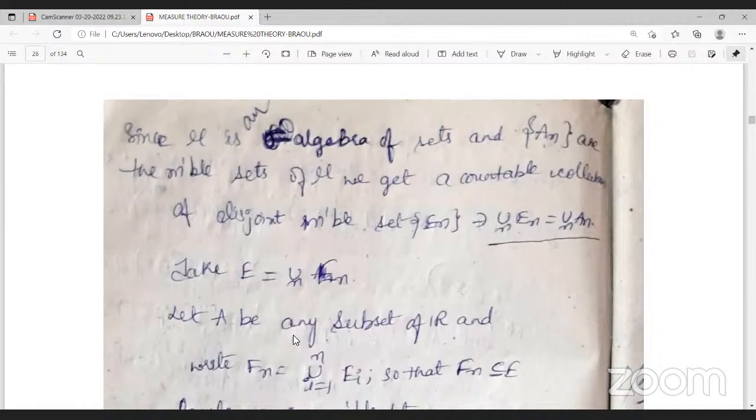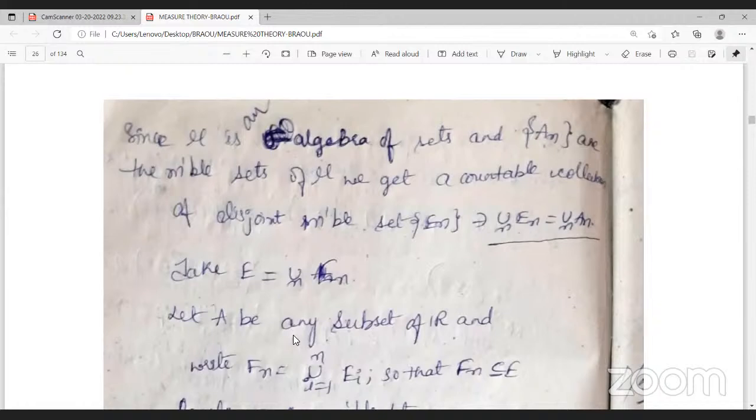Write down here: F1 equals E1 minus E2, which implies M of F1 equals, write down.